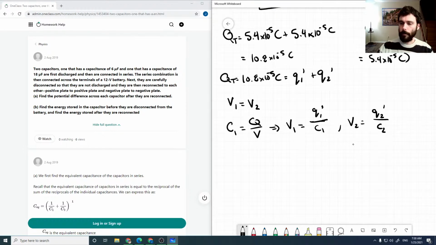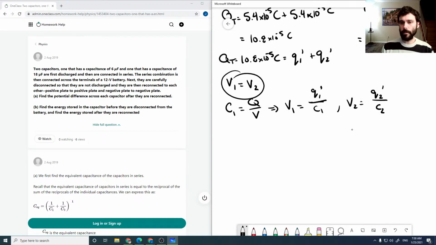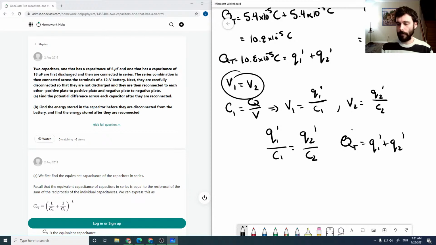And so then using this, Q1 prime over C1 is equal to Q2 prime over C2. And then our total is Q1 prime plus Q2 prime. So Q2 prime is Q total minus Q1 prime. So Q1 prime over C1 equals Q total minus Q1 prime over C2.